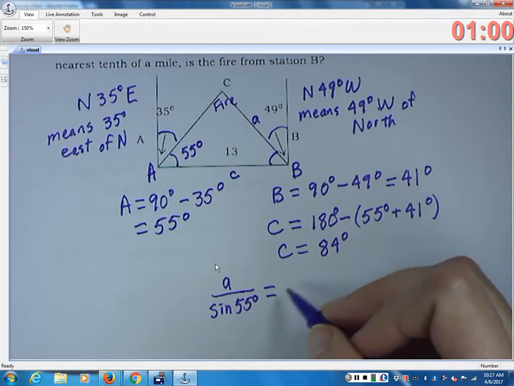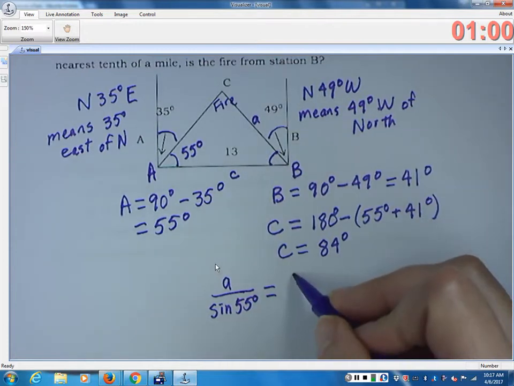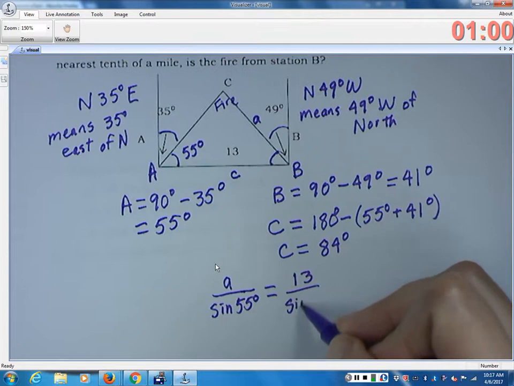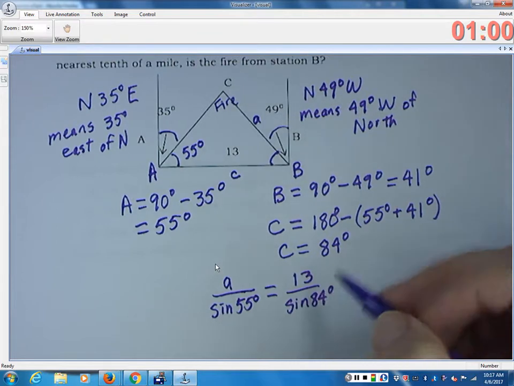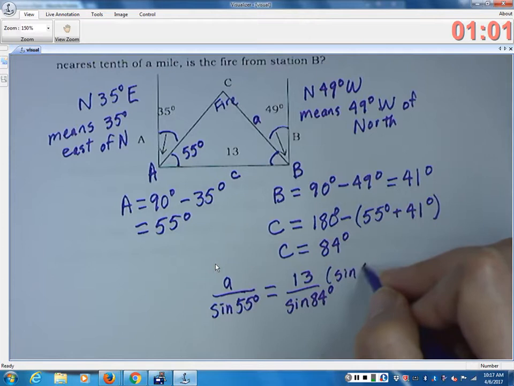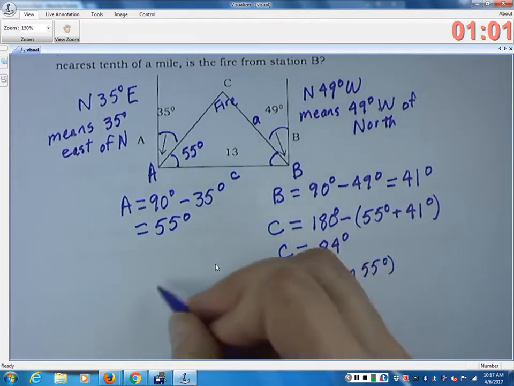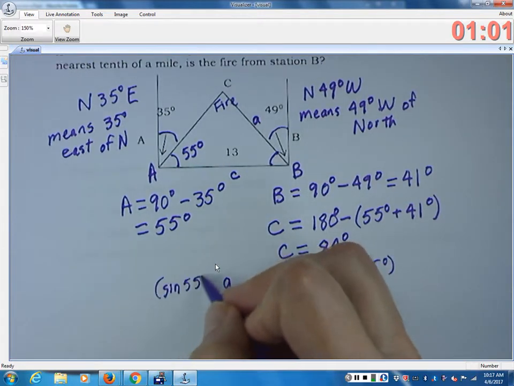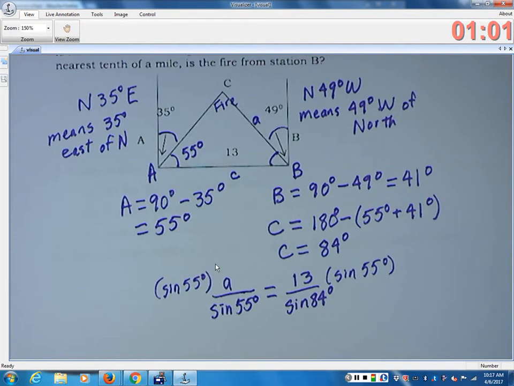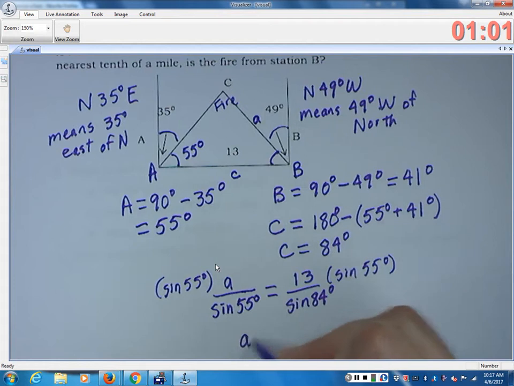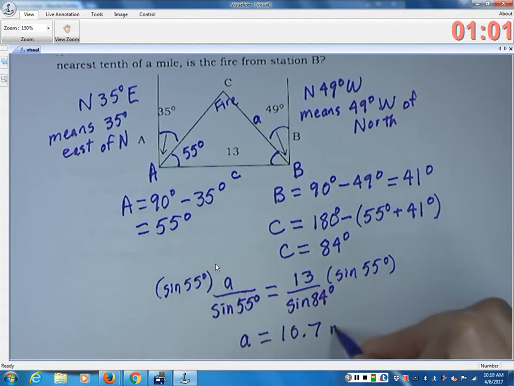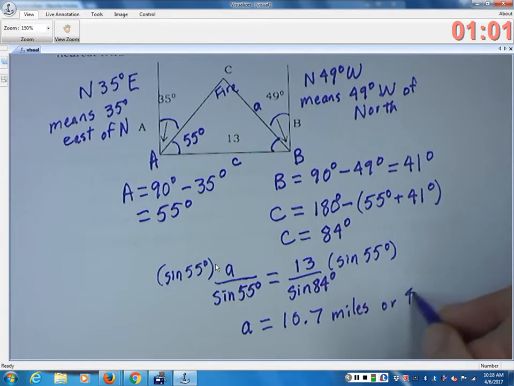Well, we have to pick side C over sine C. 13 over sine of 84. And then multiply through by sine 55. So we'll multiply that out and you get 11 miles, approximately. I got 10.7. It's in miles, or if they said to the nearest tenth. Oh, they did say the nearest tenth.